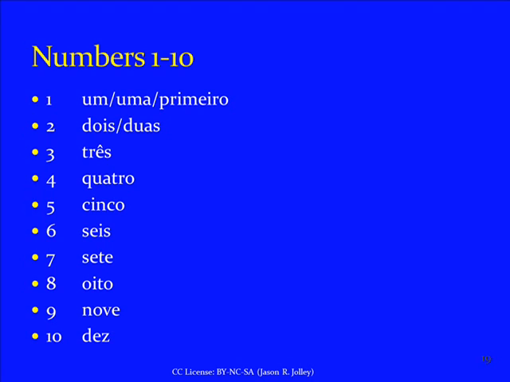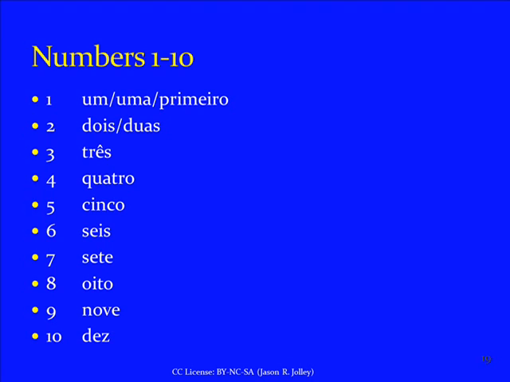Now you need to be aware also that there is a feminine form of the numbers 1 and 2. So you have um or uma, and then we'll see in a minute that sometimes we also need the ordinal form, primeiro.